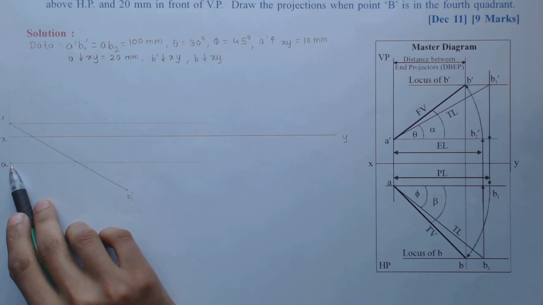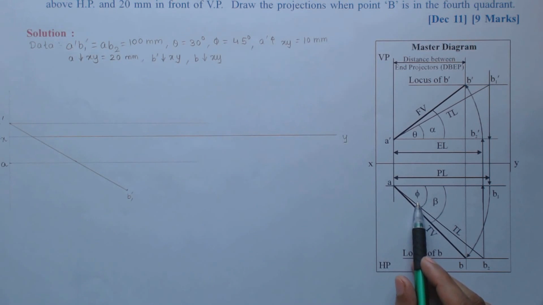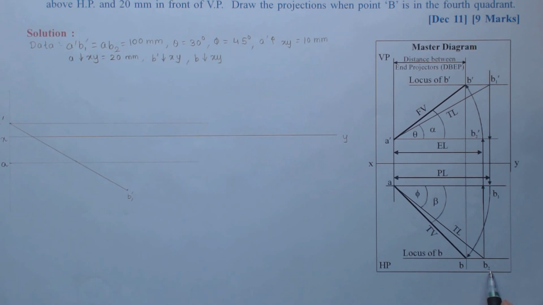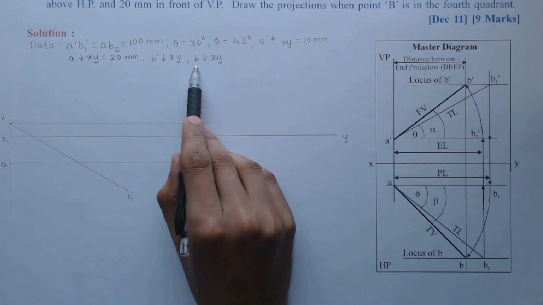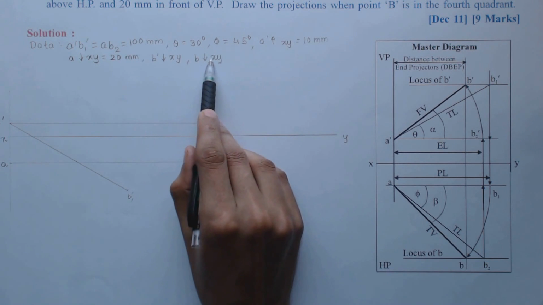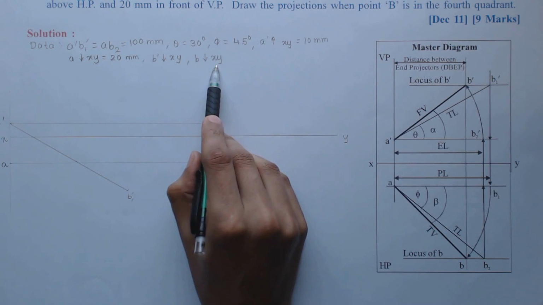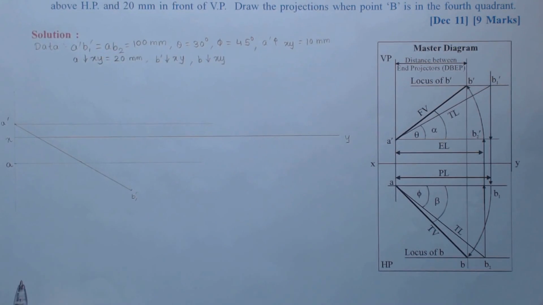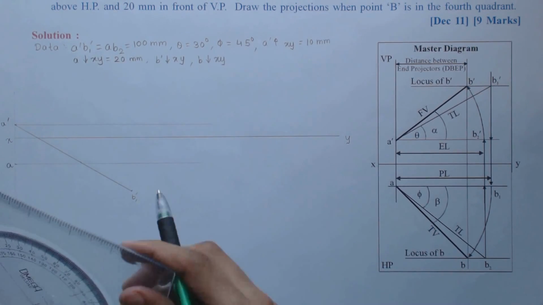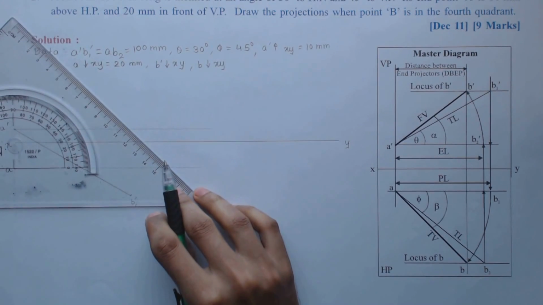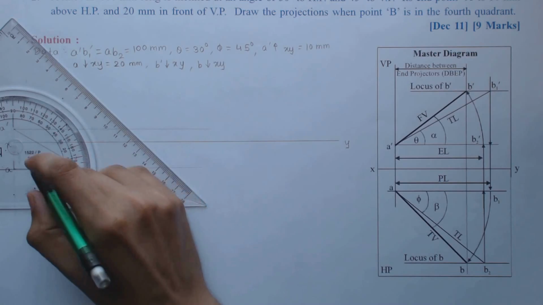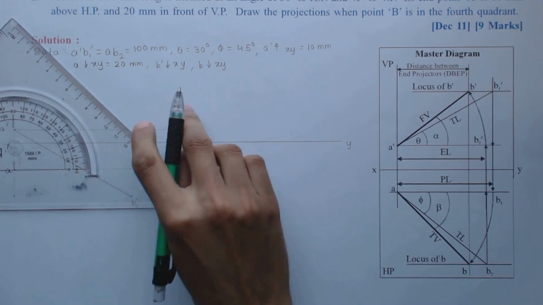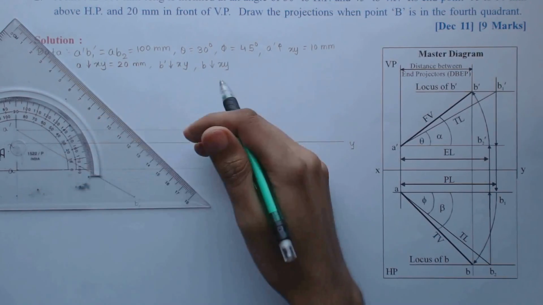Similarly with A, I can measure the angle phi to locate B2, which is the true length in top view. Again I need to check the position of B for that. Now here the point B is in the fourth quadrant, so B is obviously going to lie below XY. So again I need to measure this angle phi downwards only. Because with respect to A, if I measure that angle 45 degree in the upward direction, the position of B will go above XY.